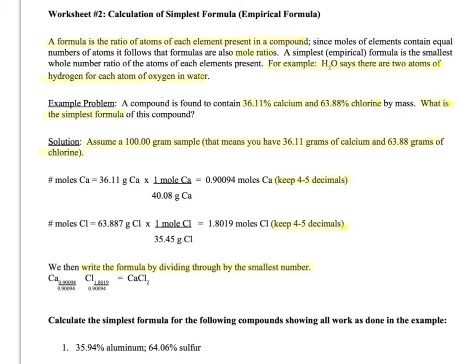So if you think of the formula H2O that most of us are familiar with, what that's really saying is that for every 2 hydrogen atoms, there is 1 oxygen atom. Now, that's the simplest or most reduced way of explaining the combination of hydrogen versus oxygen.